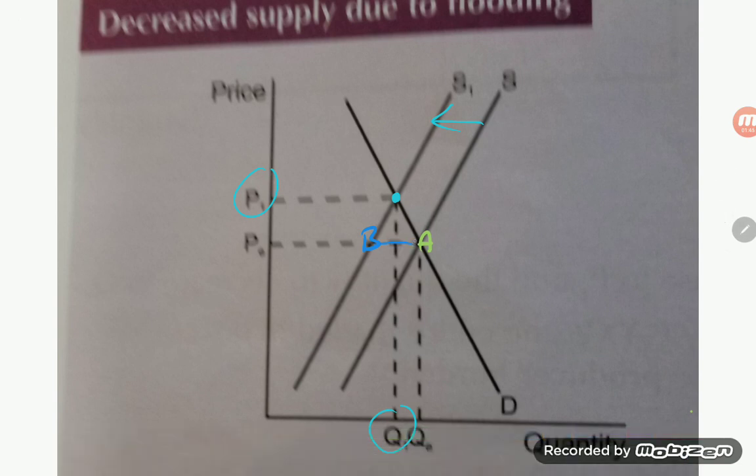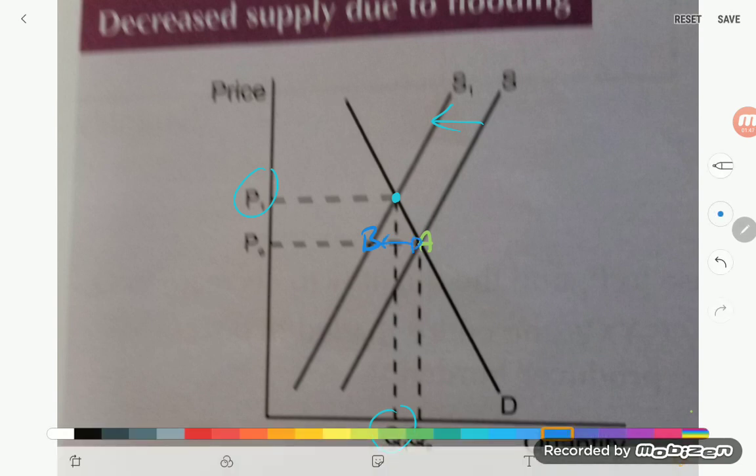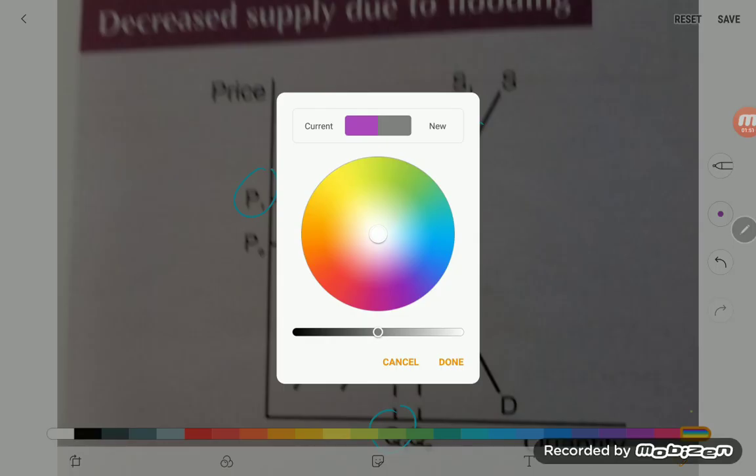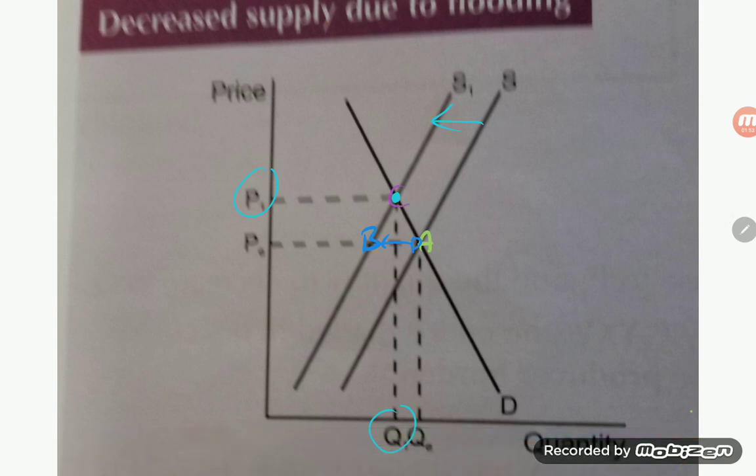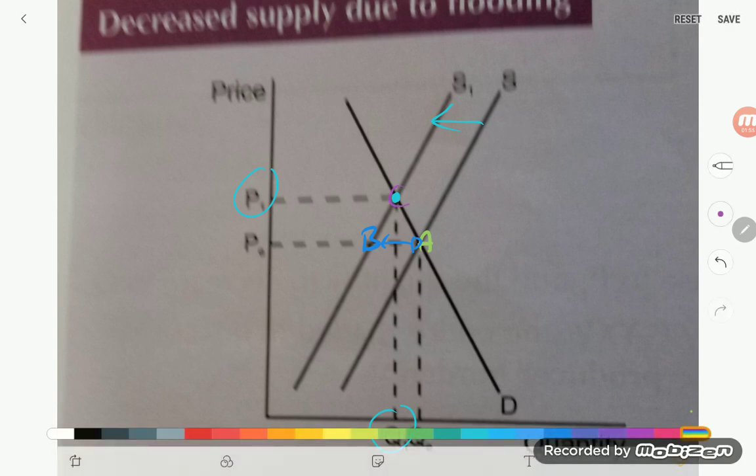So A to B is excess demand, and because of the excess demand, the price gets bid up to C. Hence why we have price P1. So a contraction in demand from A to C, extension in supply from B to C, all coming about because of the shift left in the supply curve because of flooding.